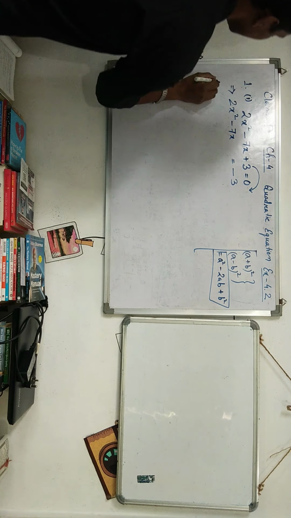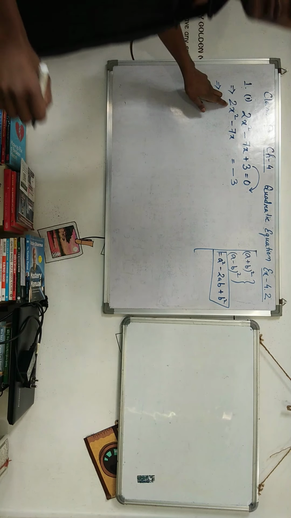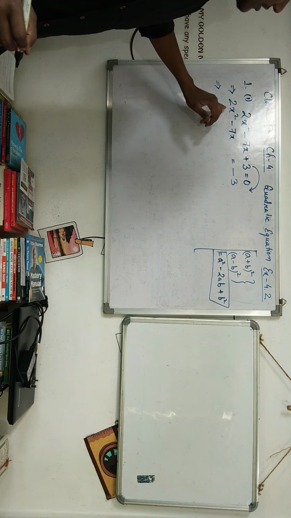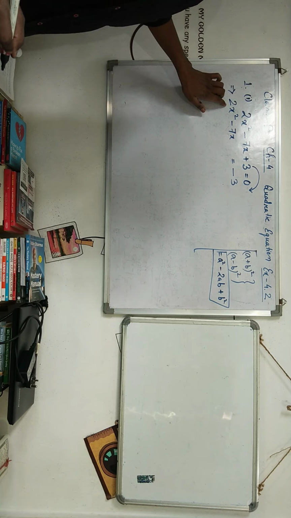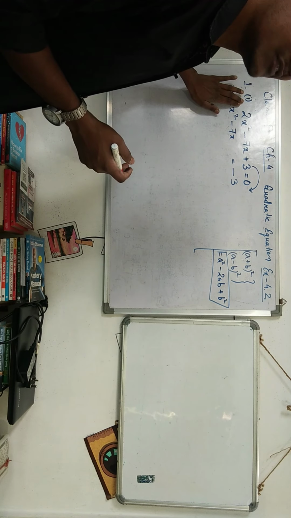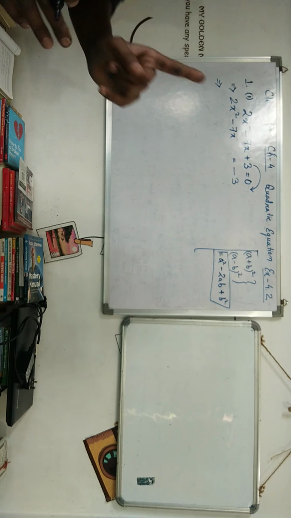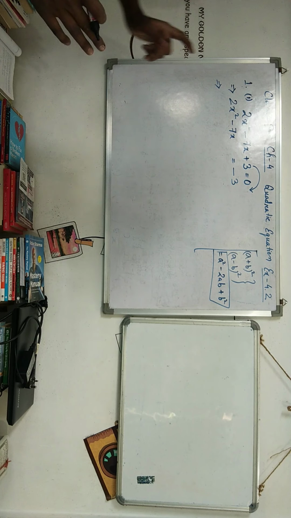So on the left side, twice x square minus 7x is equal to, if I take plus 3 to the other side, minus 3. Next, look at the coefficient of x square. The coefficient of x square is 2. I need to eliminate that 2. The coefficient of x square should always be 1 in the method of completing the square.